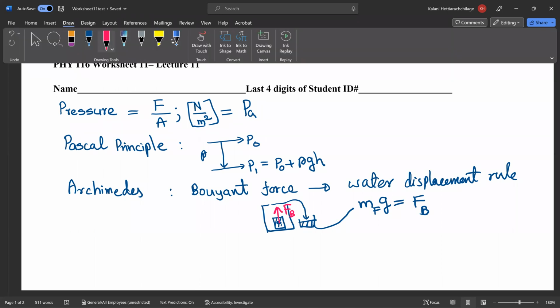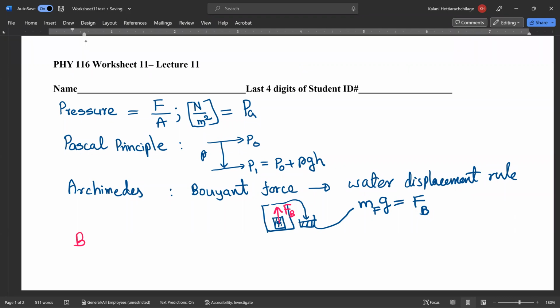Okay, so lastly, we talk about the Bernoulli principle. Right, so Bernoulli's principle is also very important. We are talking about laminar flow in this case, right?